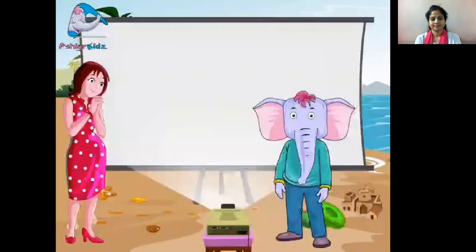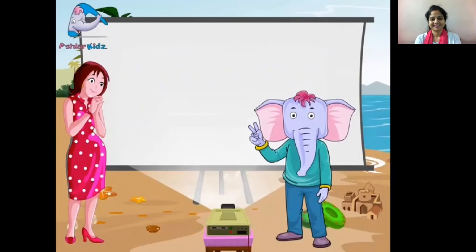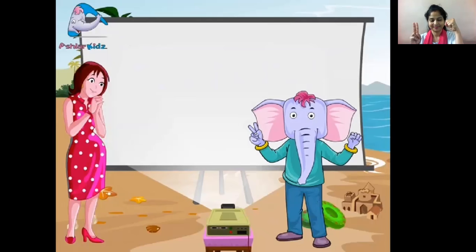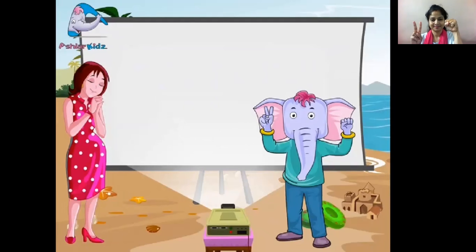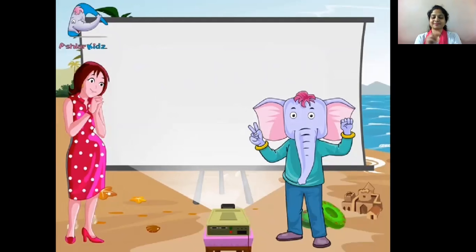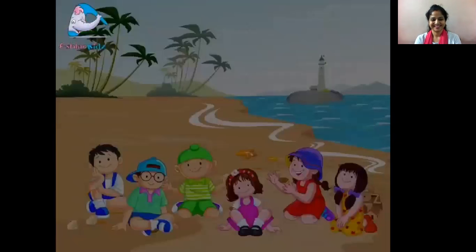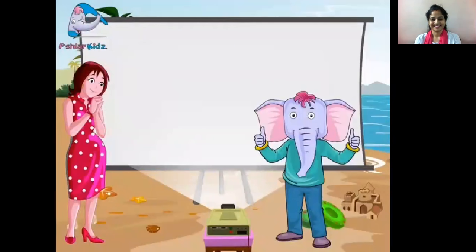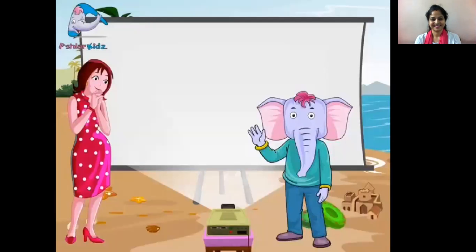Great! Let's do something fun. Let's open 2 fingers of the right hand, and make a fist with the left hand with no finger open. Now add how many fingers are open in both the hands. 2, right? Did you enjoy? Yes! Bye kids! Have a great day! See you soon!